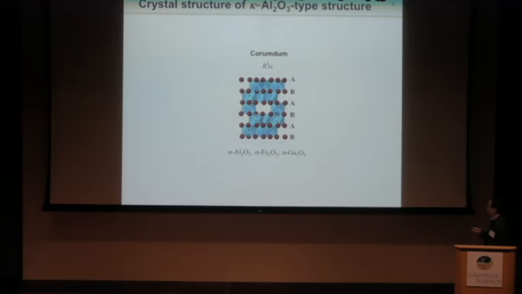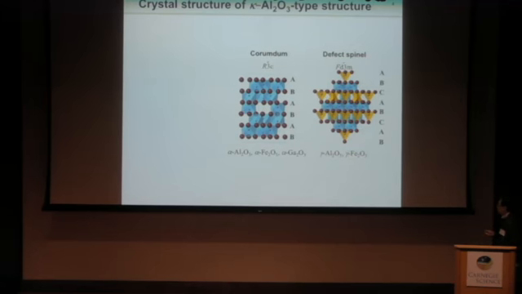The sequence of the close-packed layers of oxygen is AB. A similar structure is the gamma alumina type structure, defect spinel. In this case, the close-packed oxygen layer sequence is ABC. And inside the tetrahedral and octahedral sites, cations can occupy like this.